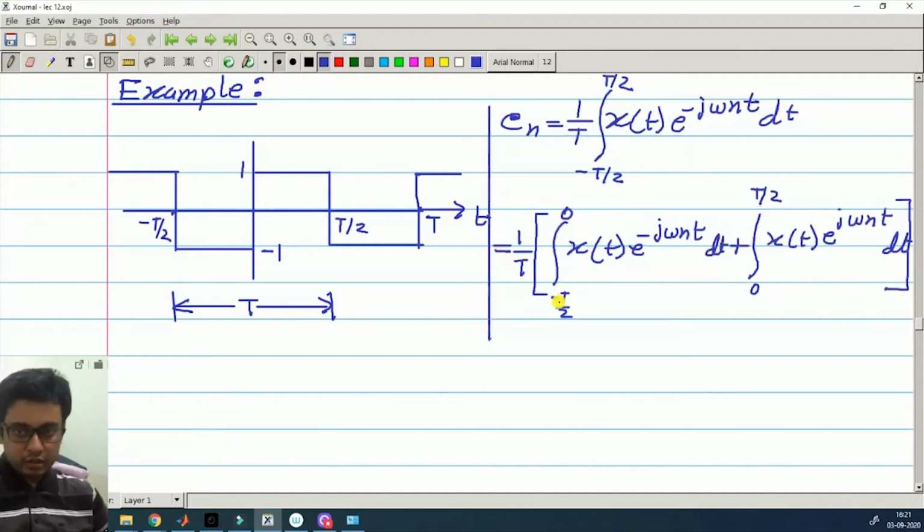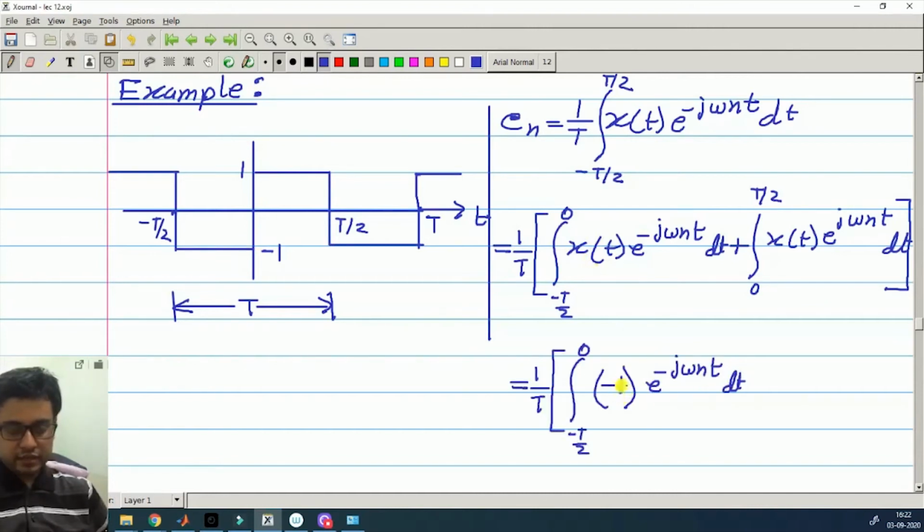Now from minus T by 2 to 0 in this region, the value of xt is constant -1. So you can put -1 here. And similarly, in this region 0 to T by 2, xt is constant +1. So you can write integration of this.